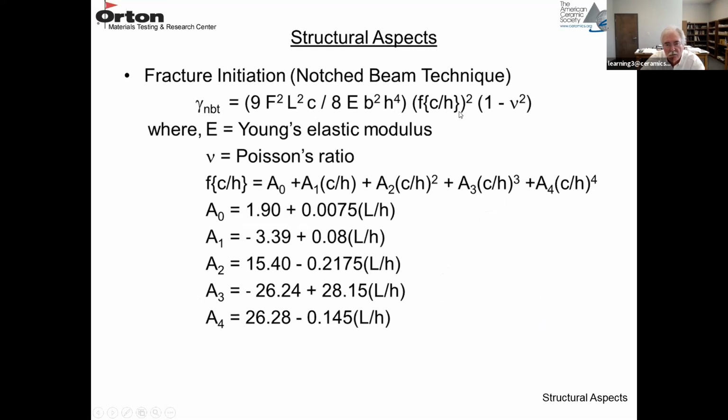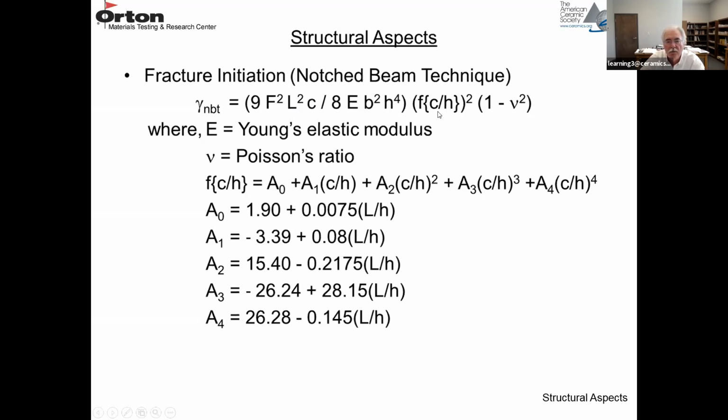It's a rather complex equation based on stress intensity factors, but all you need to do is measure the load, the span, the crack depth, and the sample dimensions, B and H. You need the elastic modulus and the Poisson ratio to be measured independently.